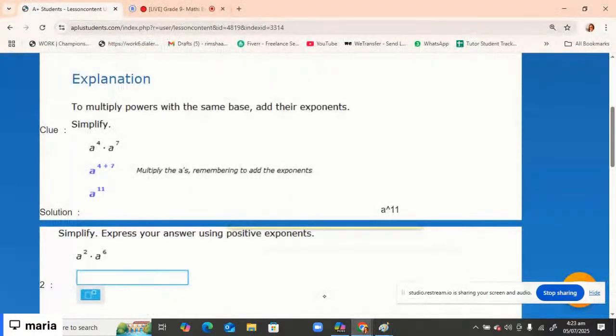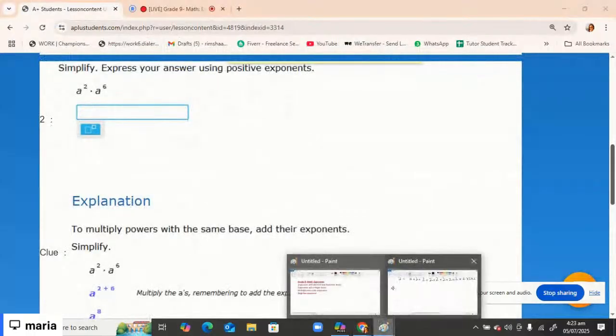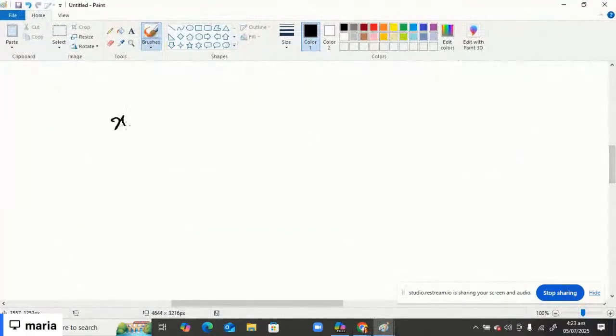Now a power 2 dot a power 6. For example, if I'm going to use x power 7 multiplied with x power 11, how can we solve it? We are just going to add up 7 plus 11.